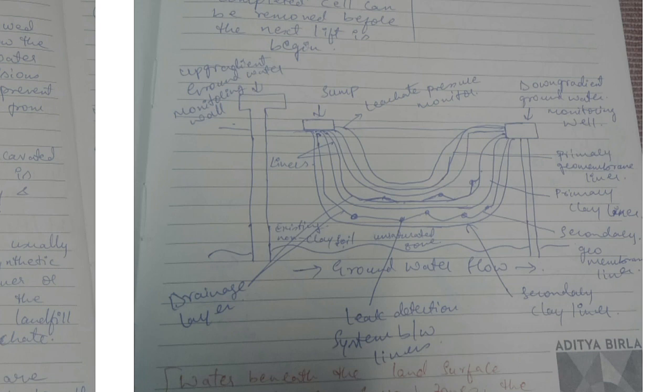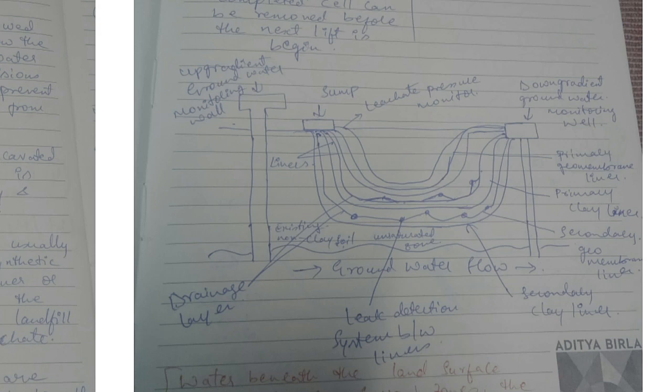Even this drawing is helpful. I will tell you the indication points. First, at the top, we have the up gradient groundwater monitoring well, sump, leachate pressure monitor, and down gradient groundwater monitoring well.